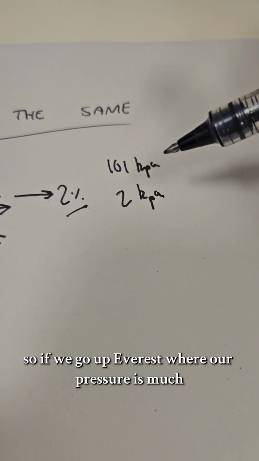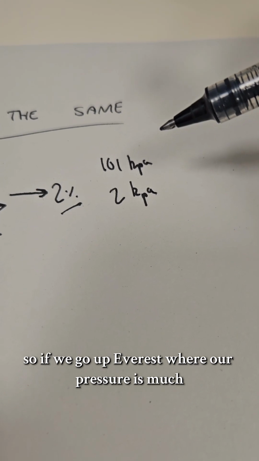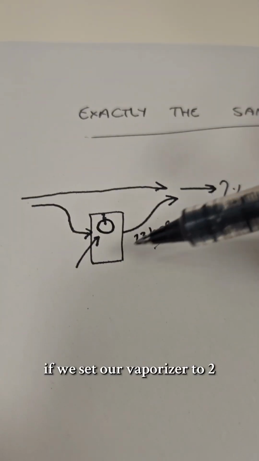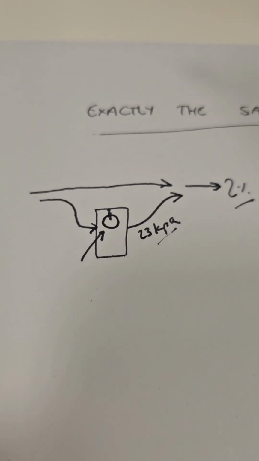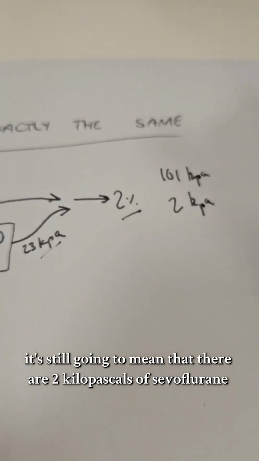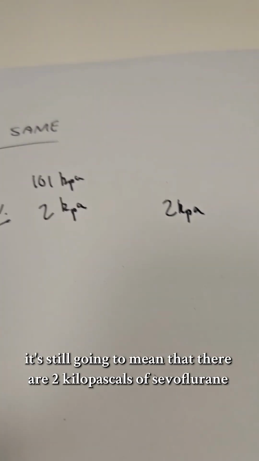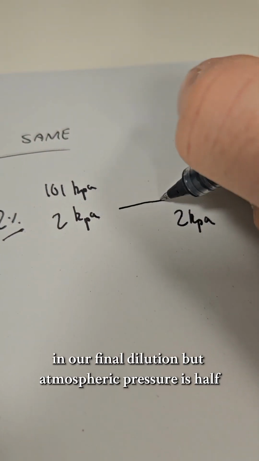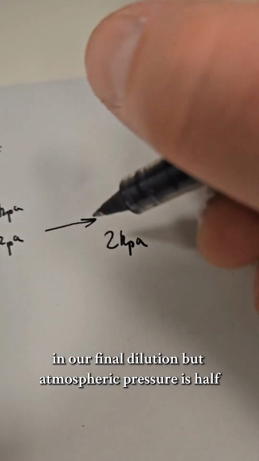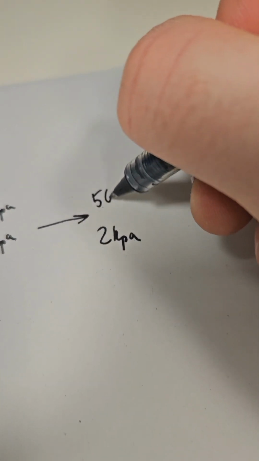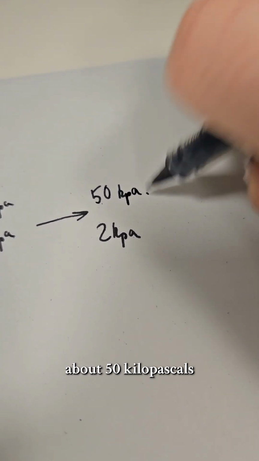So if we go up Everest, where our pressure is much, much lower, if we set our vaporizer to 2, it's still going to mean that there are 2 kilopascals of sevoflurane in our final dilution, but atmospheric pressure is half, about 50 kilopascals.